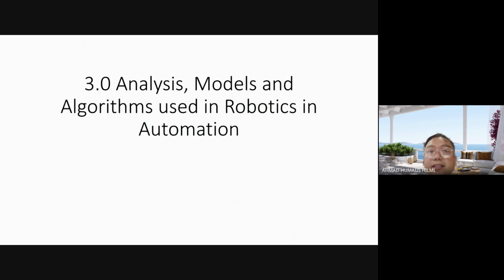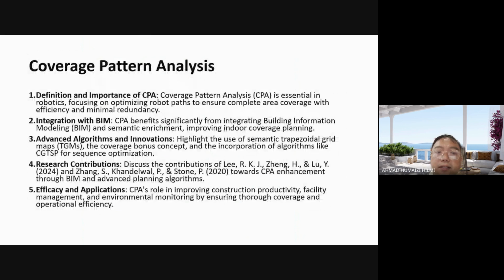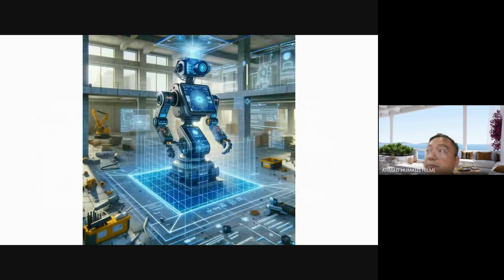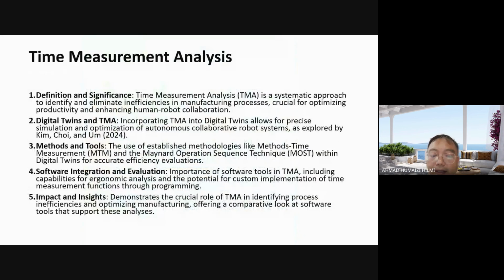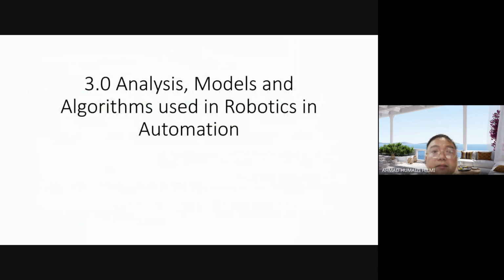So this lecture today, I'm going to cover many analysis methods such as coverage pattern analysis and time measurement analysis, and many more. There will be 23 slides that I will cover.